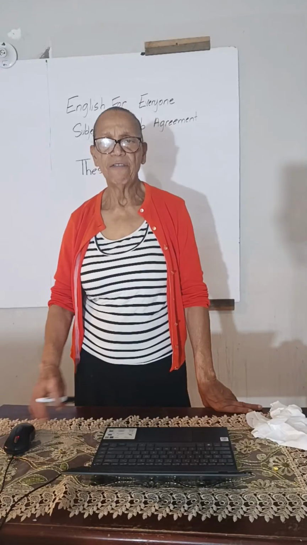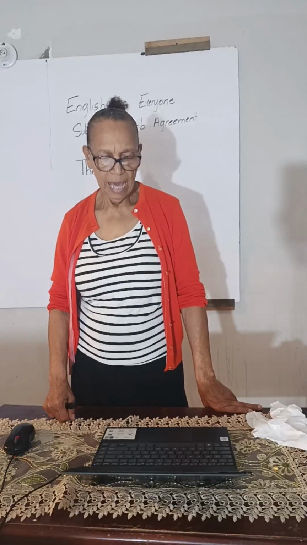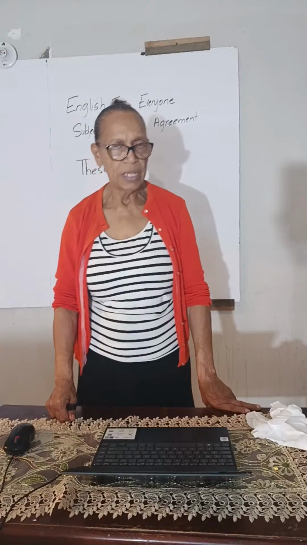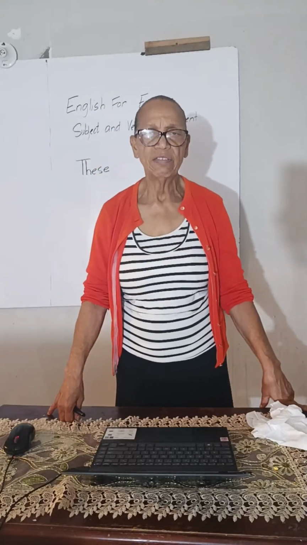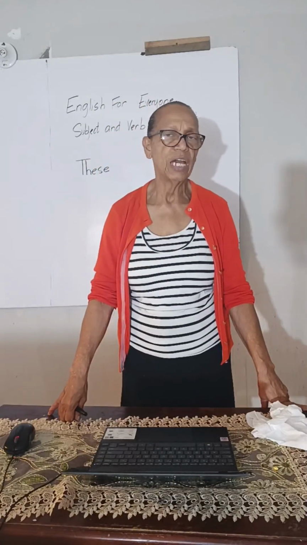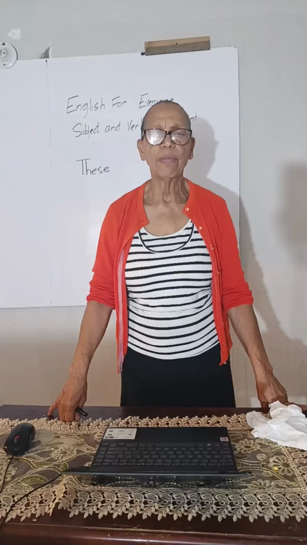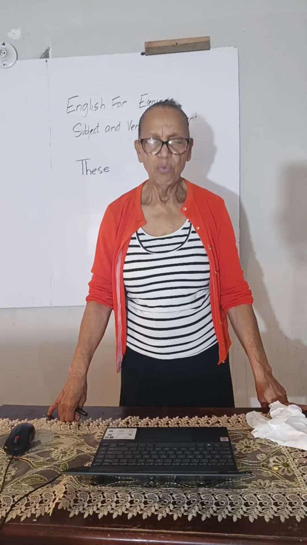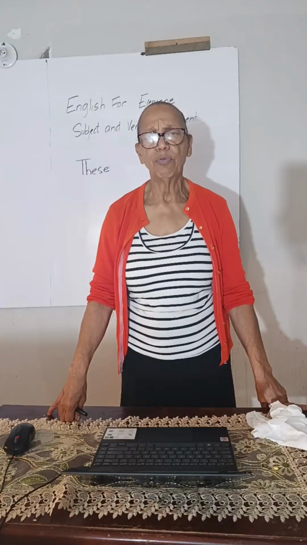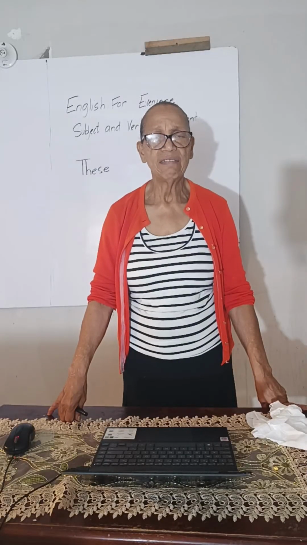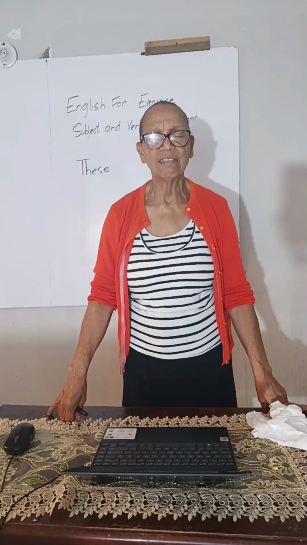Then we had indefinite pronouns, like everybody, someone, nobody. Anytime you see those words in a sentence, especially at the beginning, you know that the verb is going to be singular. Then we speak about some other indefinite pronouns, like few, many, and several.